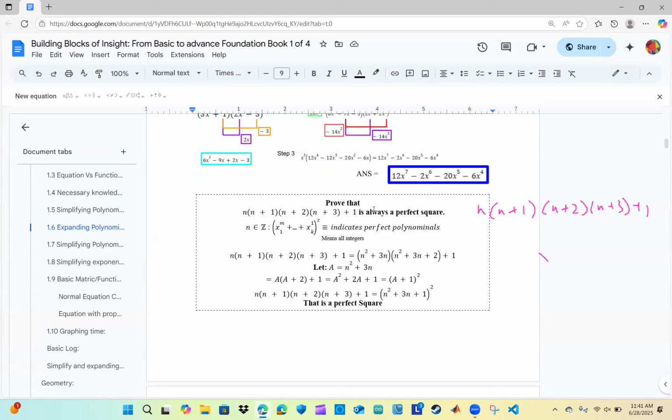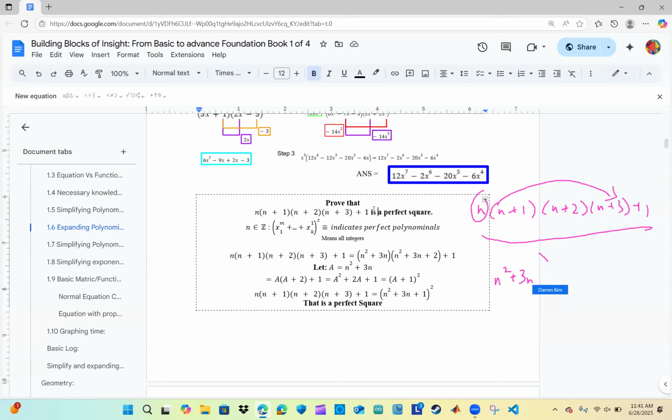It's just not saying "always" a perfect square. If you get this, simplify it by saying n times this, so n squared plus 3n, parentheses here, and this one becomes n squared plus 3n plus 2 plus 1.